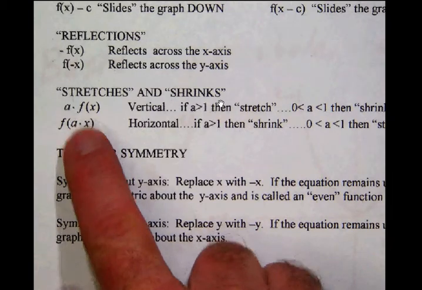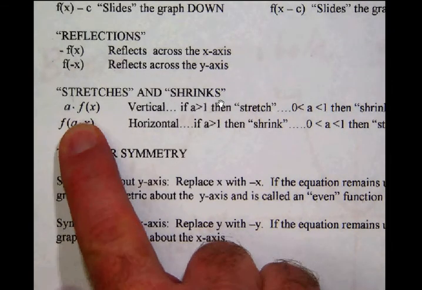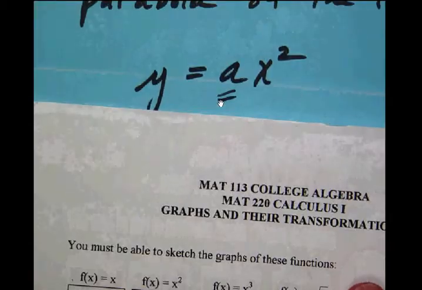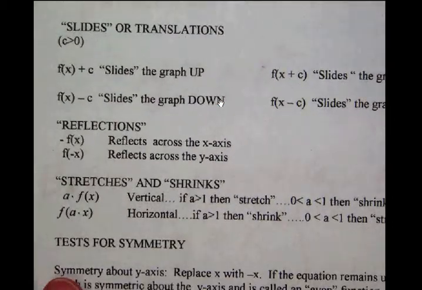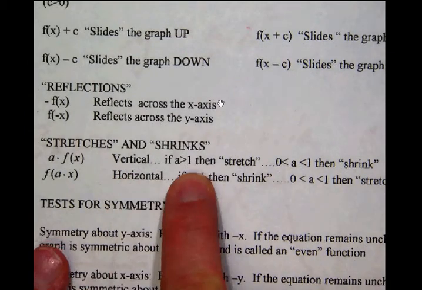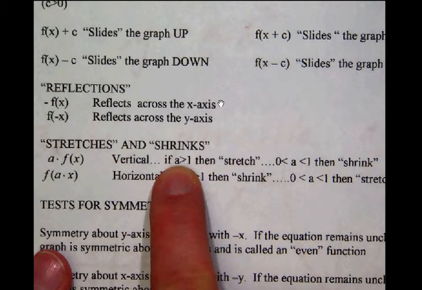Okay, so if you have the situation of a times f of x, which is what we're going to have here, a times the x squared, let's look at that. We can see that the effect of that is basically going to cause what we call a vertical stretching, but notice that the a number, that number in front, has to be greater than 1 if we stretch.